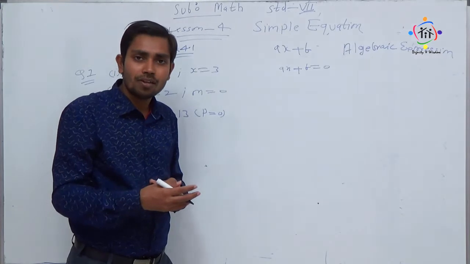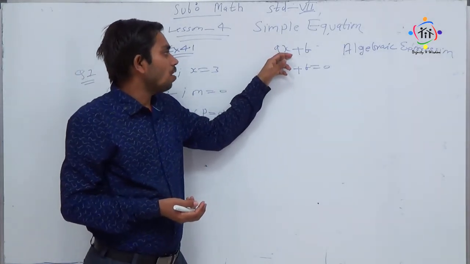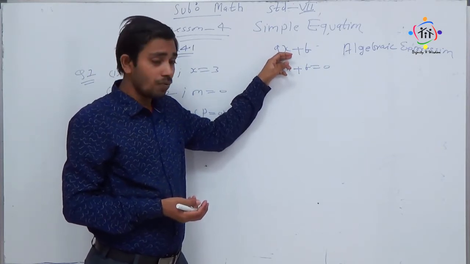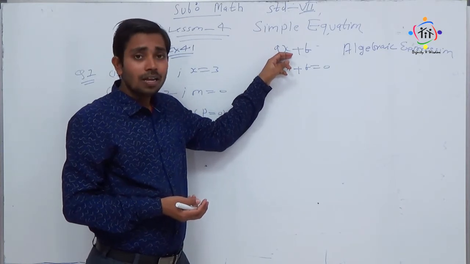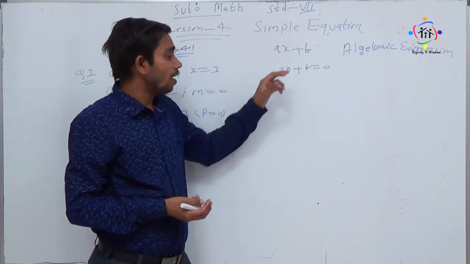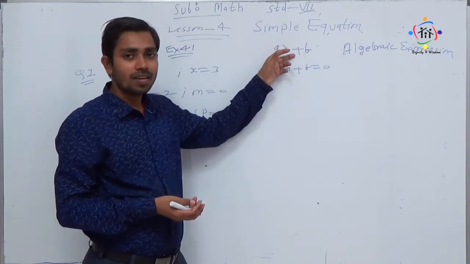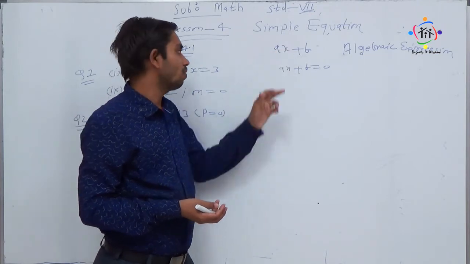In other words, simple equation means the highest power of the variable should be 1, and that is also called a linear equation in one variable. Either you say simple equation or linear equation in one variable.